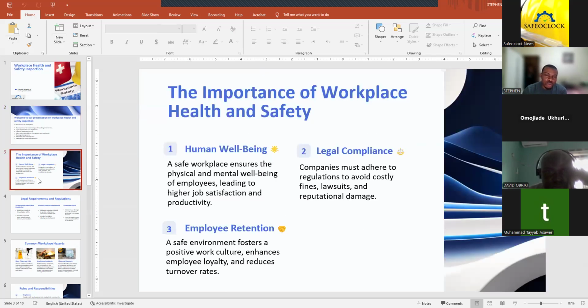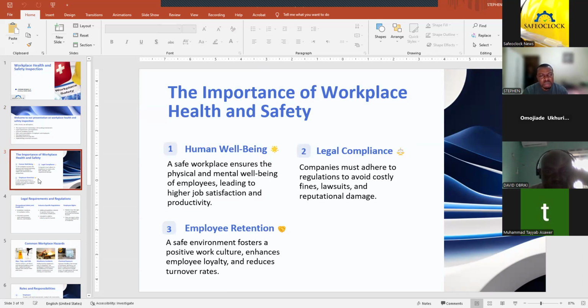Going forward, I will just want to give some examples of the importance of why we carry out workplace health and safety. Like I tried to say earlier, it is for us to identify any hazard, risk, anything that is dangerous within our respective work site, and find a way to curtail it.